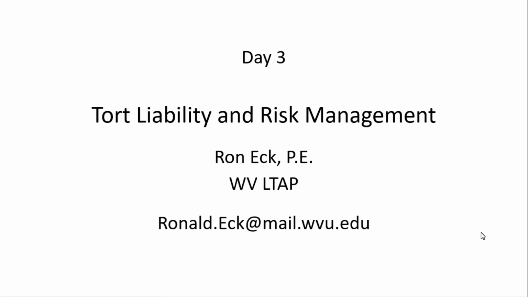In a civil case, including tort claims, the burden of proof is by the preponderance of the evidence, or more likely than not, or 51% to 49%. So a plaintiff suing a road agency doesn't have to prove beyond a reasonable doubt that the road agency was negligent. All they have to do is convince the jury that it was more likely than not that the road agency was negligent. So I did want to bring that up because I think that's an important thing to keep in mind in some of these matters.